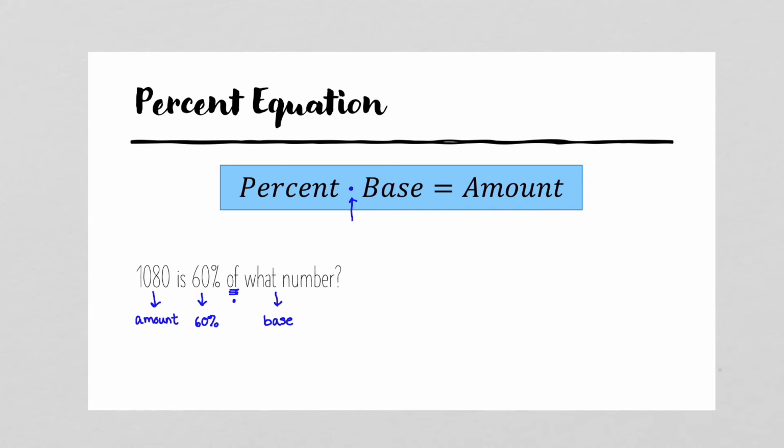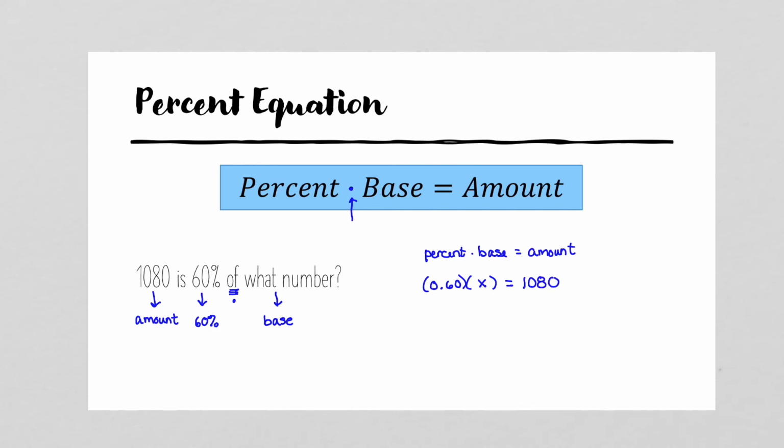So let's go about answering this question. I have that the percent times the base equals the amount. For my particular question, my percent is 60%, and I'm going to write it as 0.60. My base, well, that's unknown. That's what I'm looking for. And my amount is 1,080.